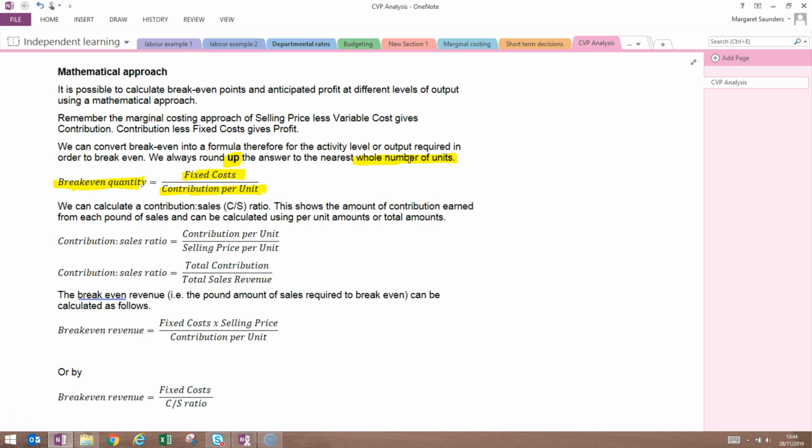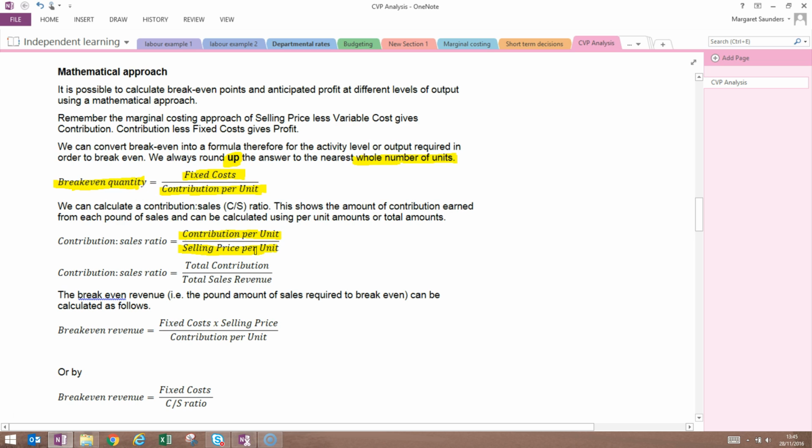We can also calculate what is called the contribution to sales ratio, often referred to as the CS ratio. And what that is telling you is how much contribution you are earning from every pound of sales. To calculate the contribution to sales ratio, you are dividing your contribution by your sales.